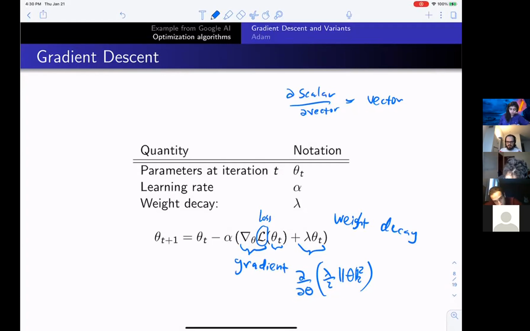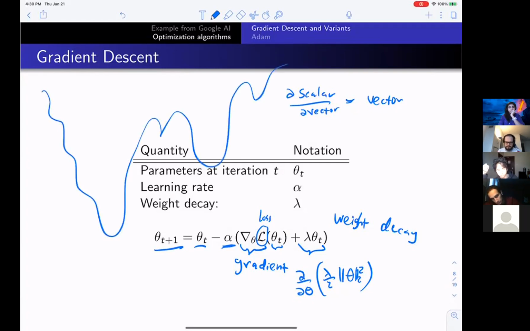You take theta t, which is your current set of parameters. You calculate the gradient, and you multiply the gradient by a small scalar, which is called a learning rate, alpha. And that gives you theta t minus the small learning rate times the gradient, gives you the new set of parameters, right? So the intuition is that you have this crazy landscape of something crazy.